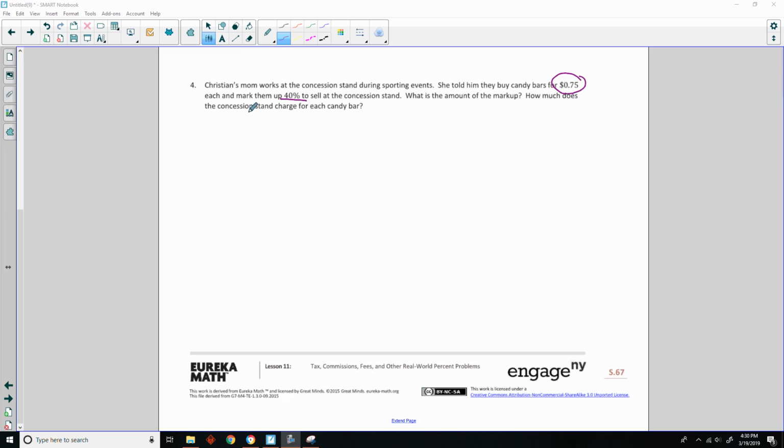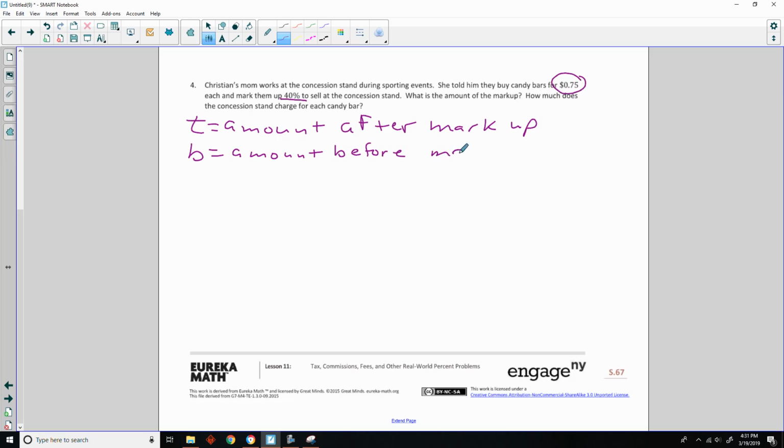Okay, I'm going to use the same variables as before. So T equals amount after markup, and B equals amount before markup. And let R equal the markup rate.